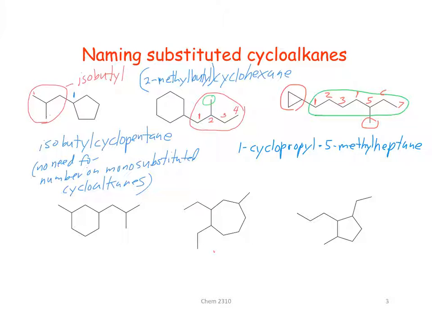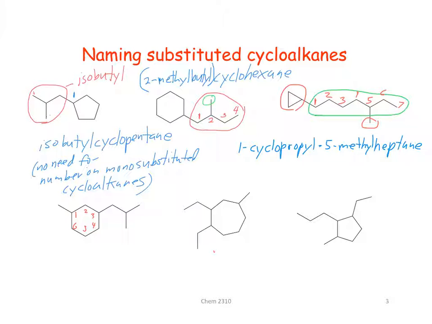Okay? All right. So now let's look at these bottom ones. We have multiple substituents on the cycloalkane rings. All right, so in these cases, what we're going to do is we're always going to number one of the groups at position 1, and we're going to number it such that the next group we come to gets the lowest possible number. All right, so for the first one, we have two possibilities. We could either start here with number 1 for the methyl group, and we could count it clockwise like this.